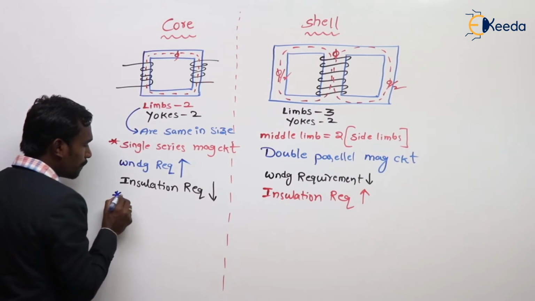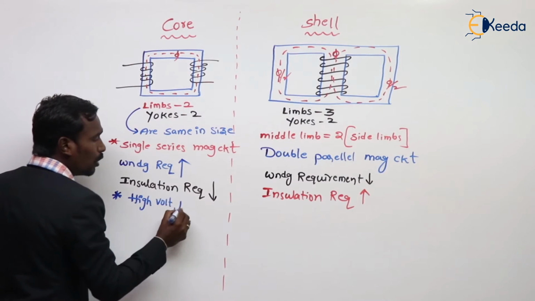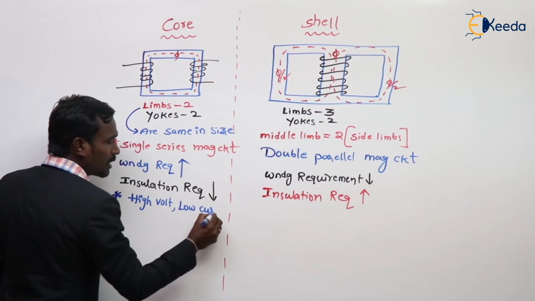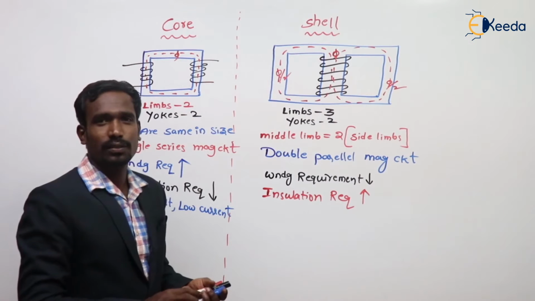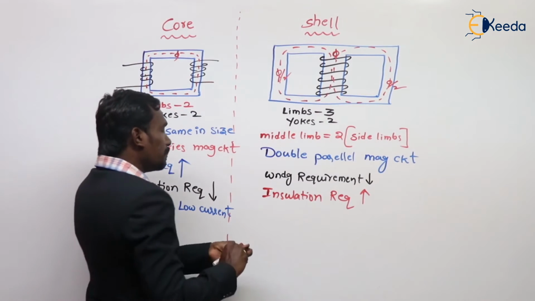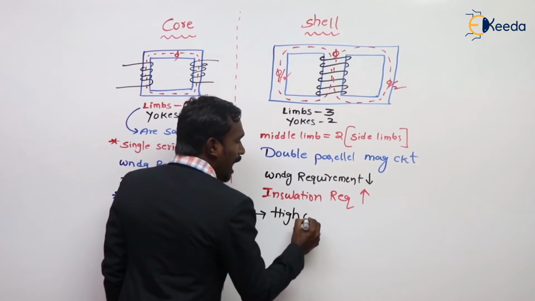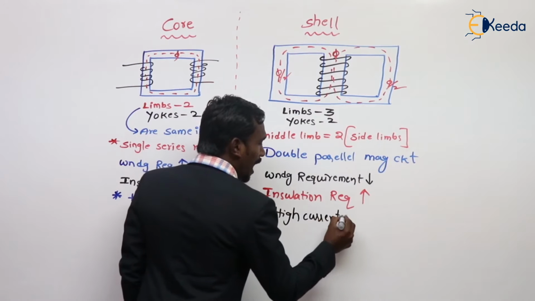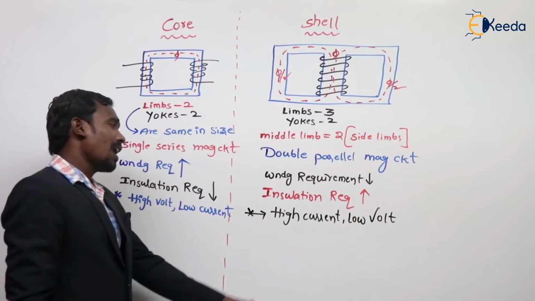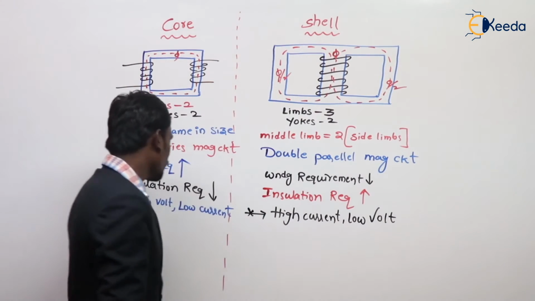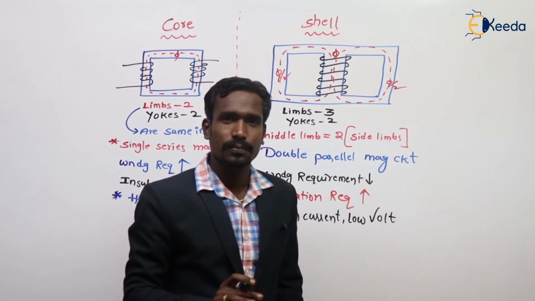Generally the core type is used for high voltage low current applications, whereas shell type transformer is used for high current, low voltage applications. Here, high voltage low current applications.